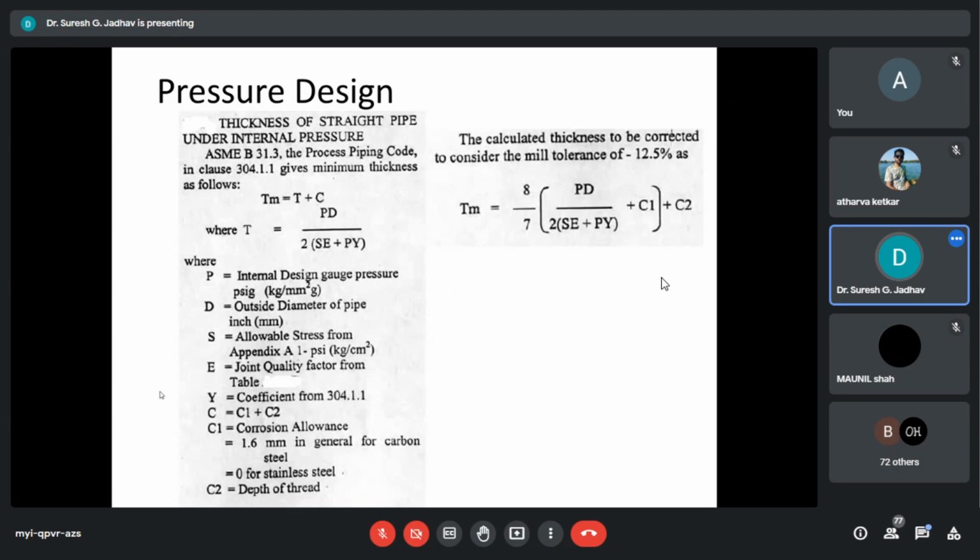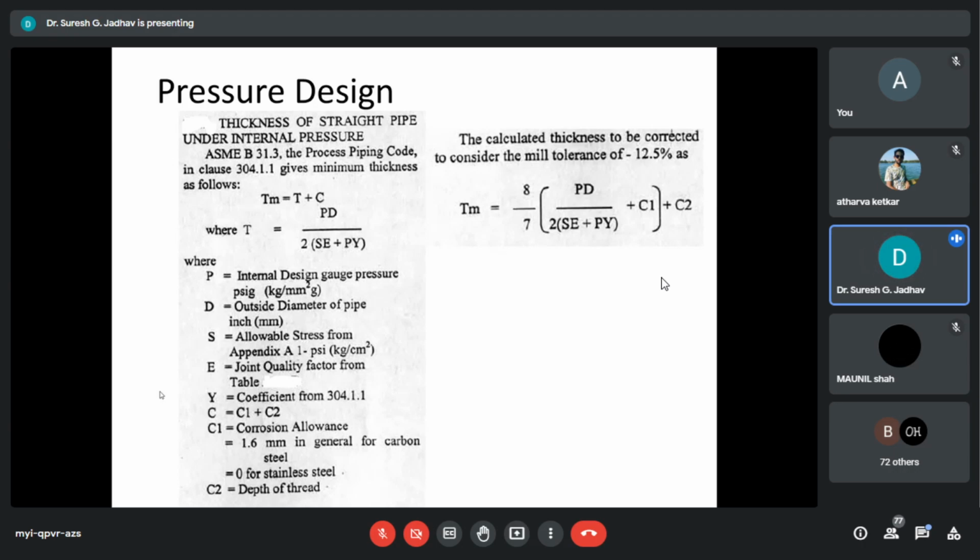Now, the next parameter is pressure design. With the help of ASME B31.3, clause 304.1.2, we can consider the minimum thickness of this pipe, whenever we consider the thickness of straight pipe under internal pressure.